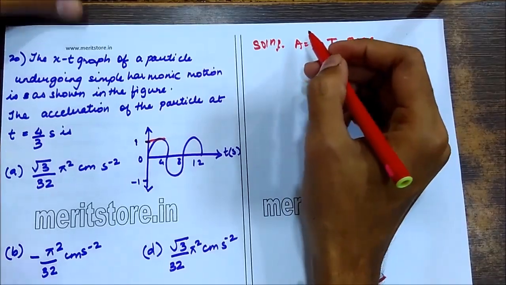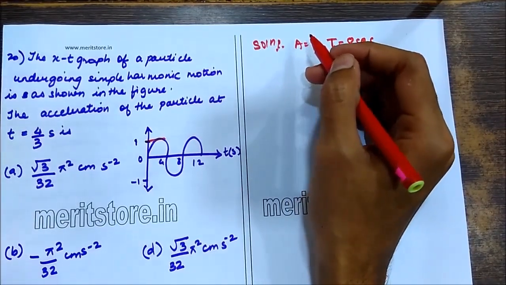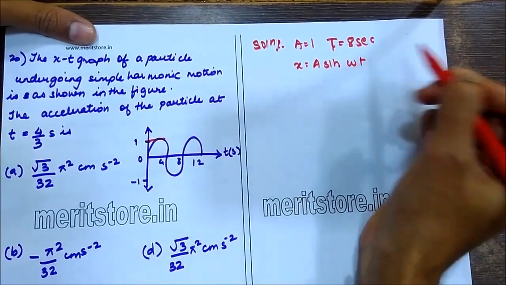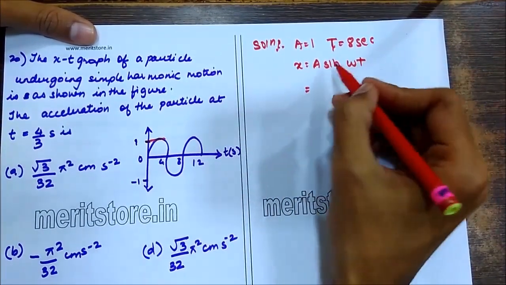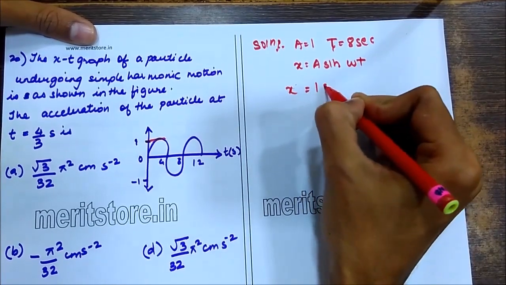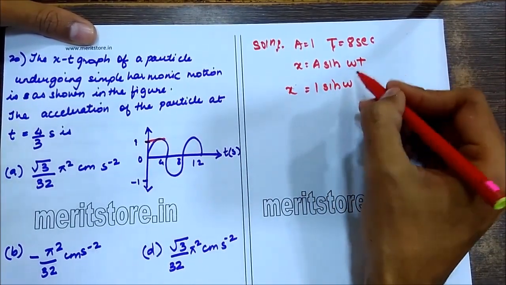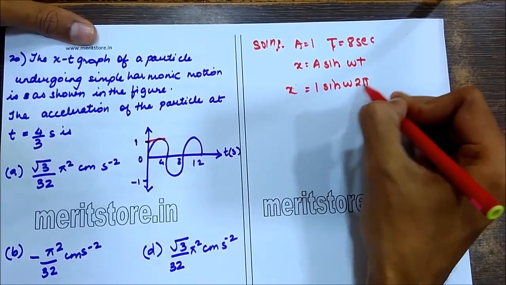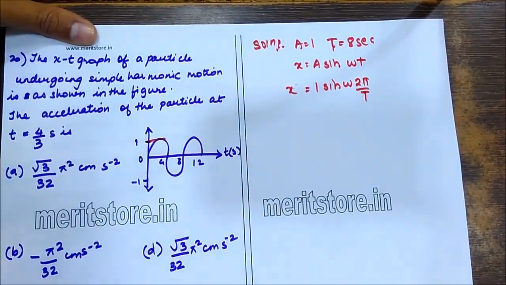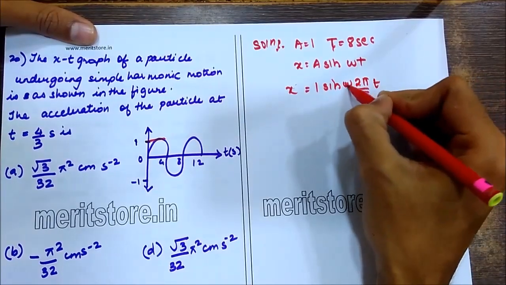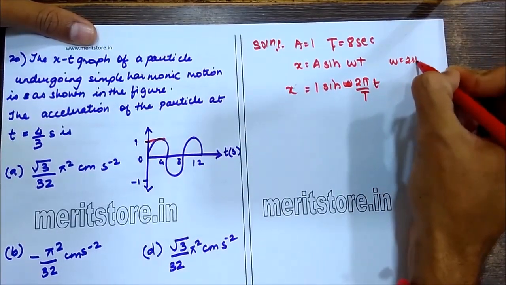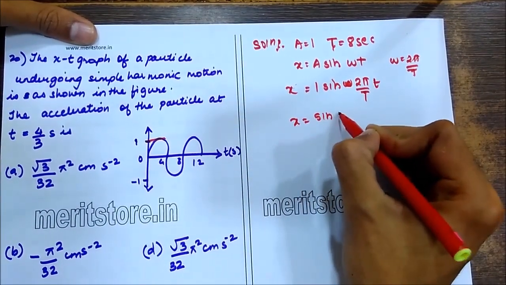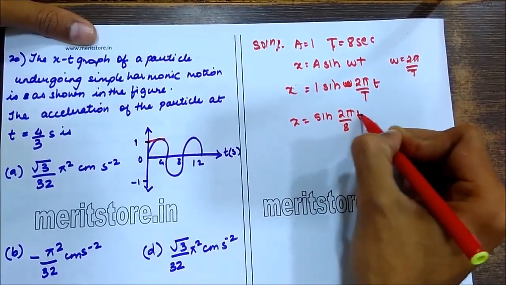Then we use the basic equation x equals a sine omega t, where we have x equals 1 sine omega t, and omega is equal to 2 pi by T, capital T. So we get x equals sine of 2 pi by 8 t.